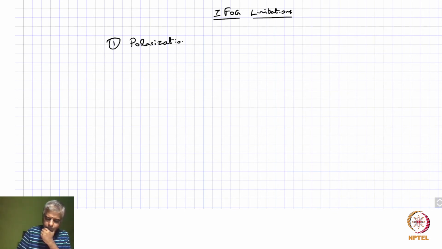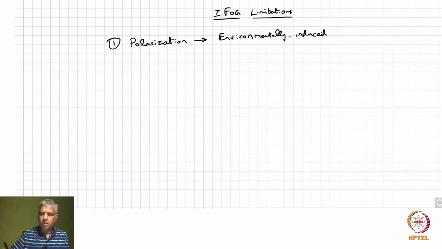polarization. So, we know that environmentally induced polarization changes, if there are any, can actually give an error.